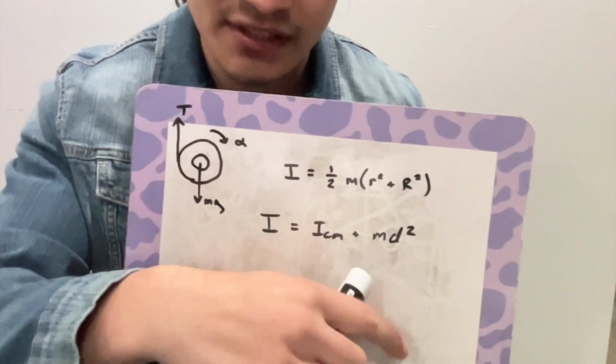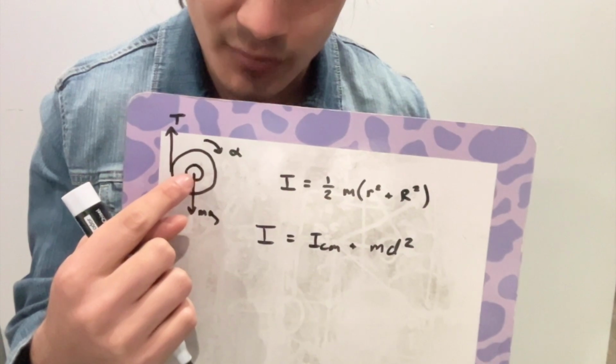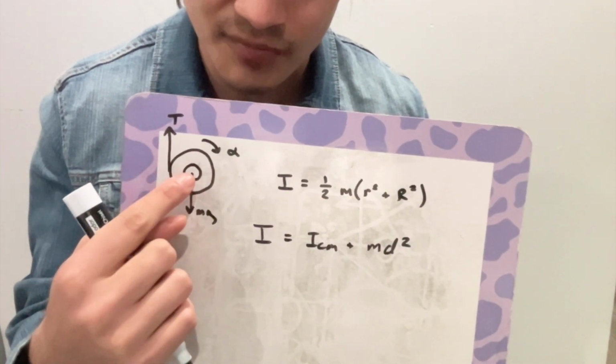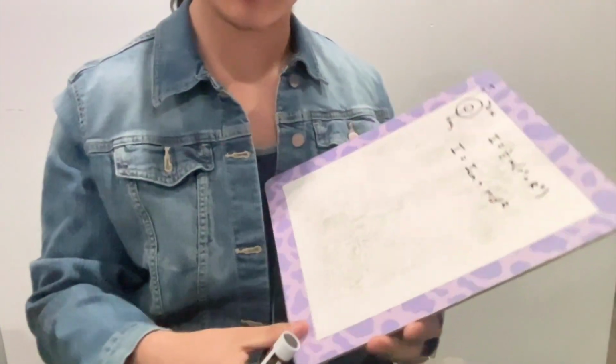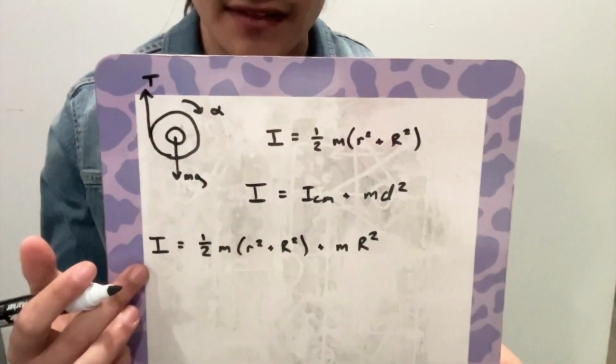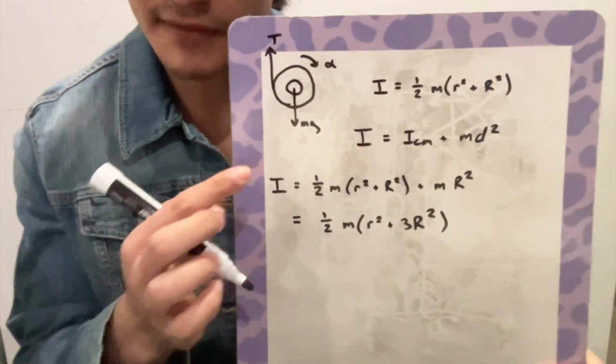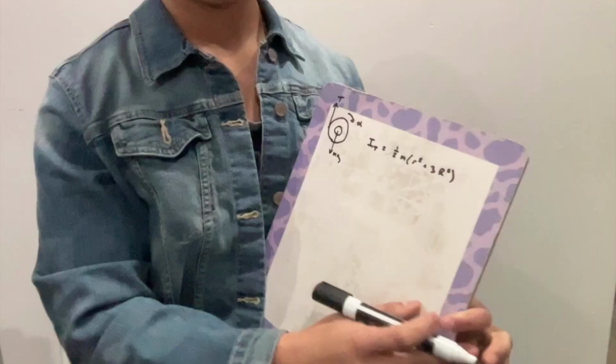And then D is going to be the distance from where the center of mass was to the point where you want to find it now, which is just big R. So we'll replace all those, simplify this, and this is our new moment of inertia about this point, which we could call T.